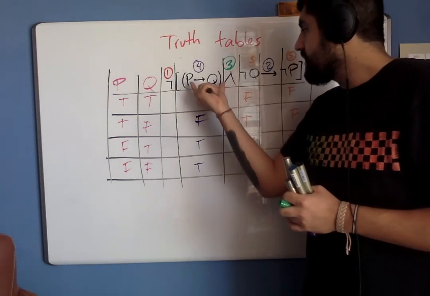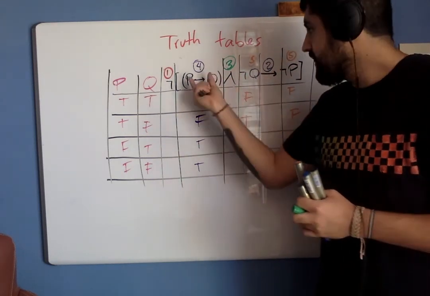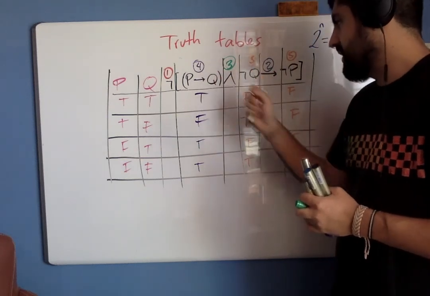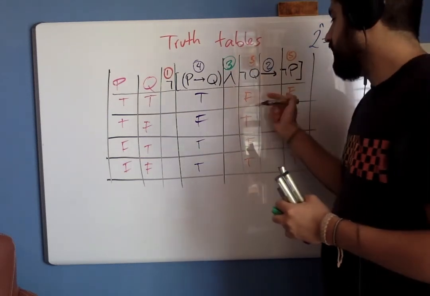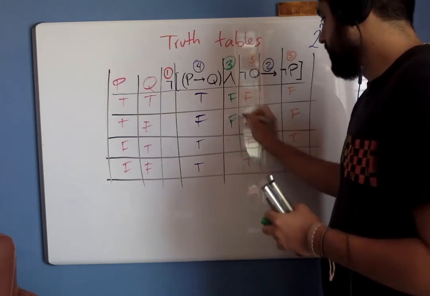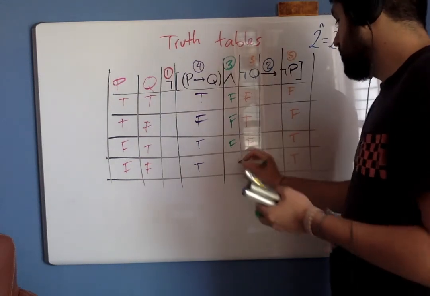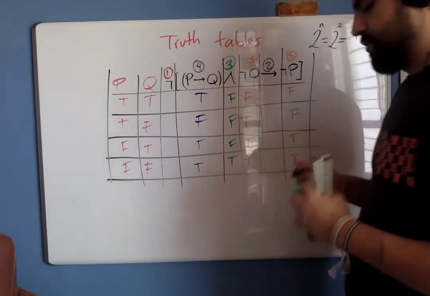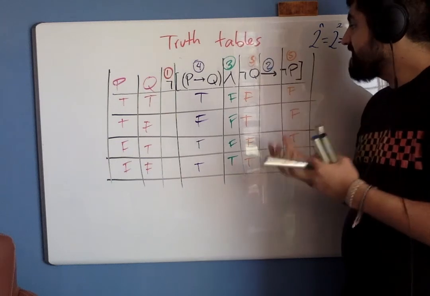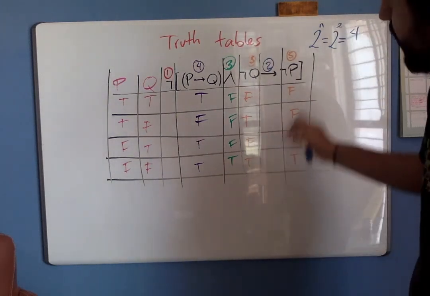The components are 4 and 5. Okay? These both are the components of the conjunction. So true and false, this is going to be false. False and true, false. True and false, false. And finally, true and true, this is going to be true. Okay?